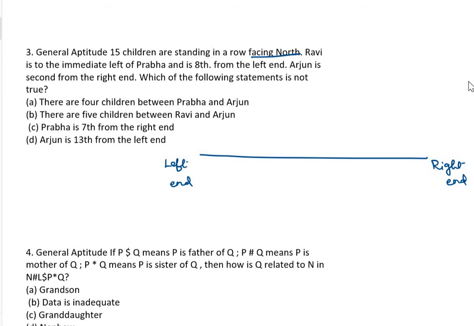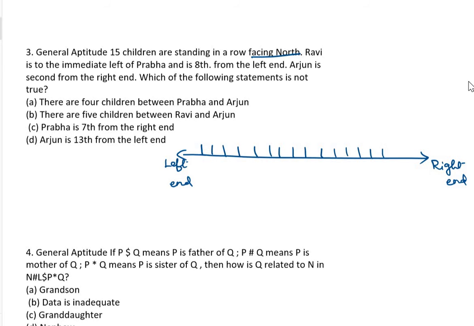If it is a larger number, there is no need to draw a line, but here it is only 15, so I can draw it, because we need a correct answer. 1, 2, 3, 4, 5, 6, 7, 8, 9, 10, 11, 12, 13, 14, 15. So total 15 are facing north.